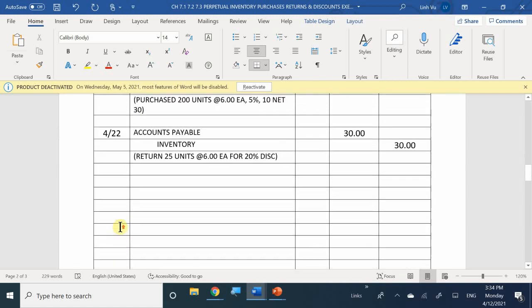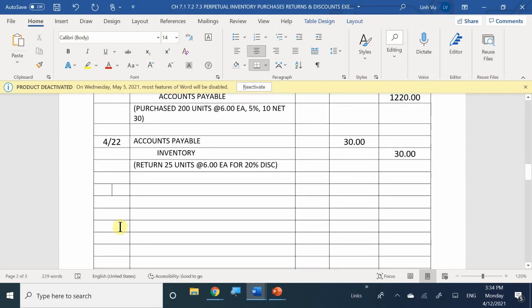So 425 for inventory. And then accounts payable for credit 3175.